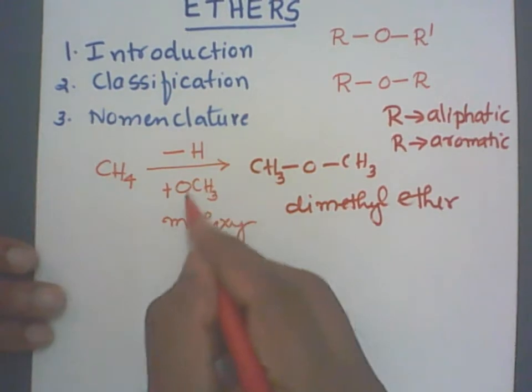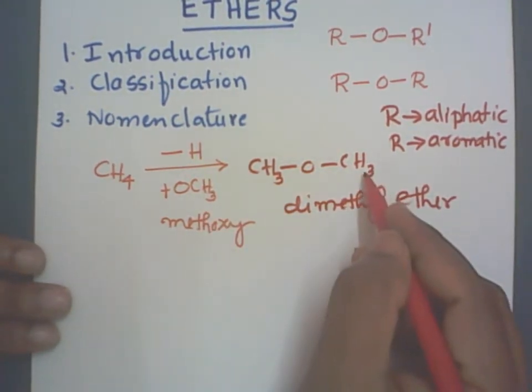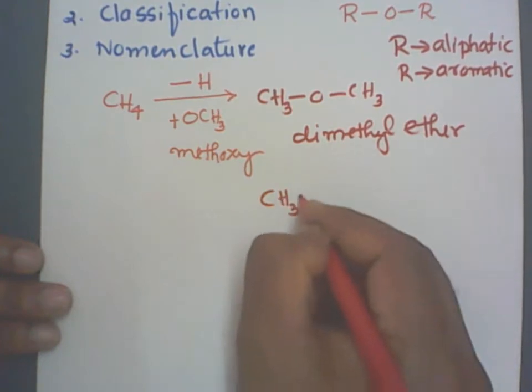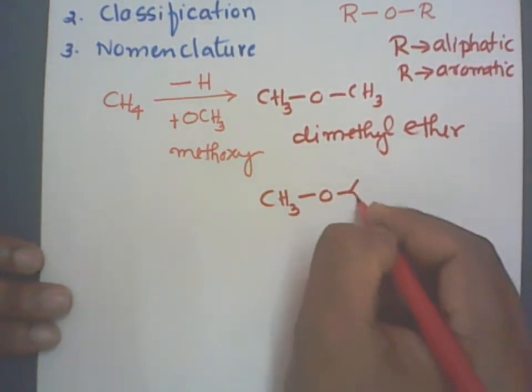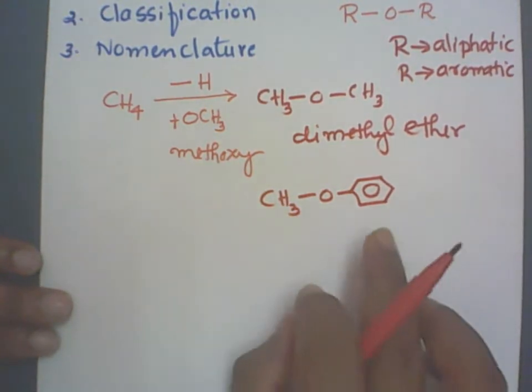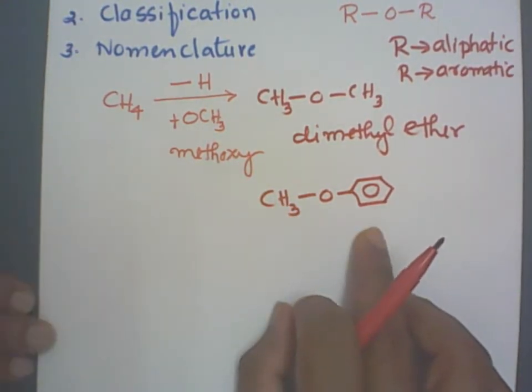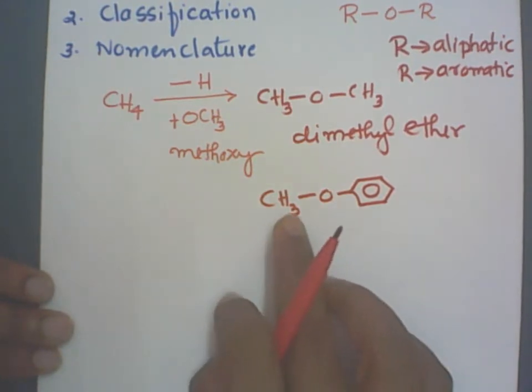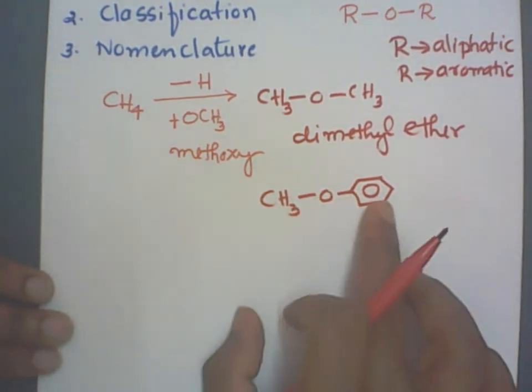In this case, I introduced CH3, that is aliphatic. Now, suppose I have CH3O and attach the benzene. Then this will be an aromatic ether, called methyl phenyl ether.